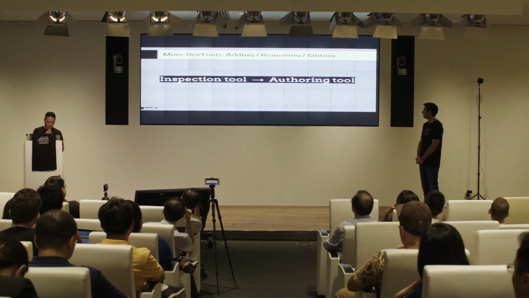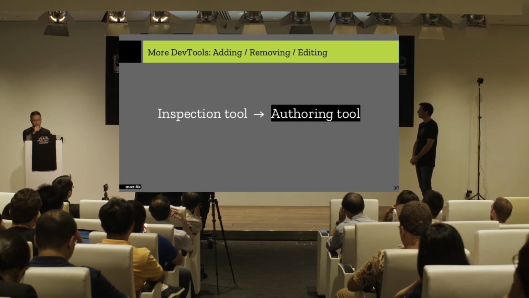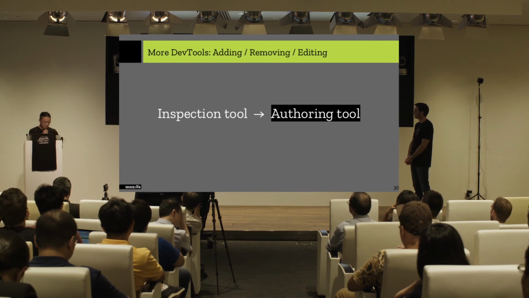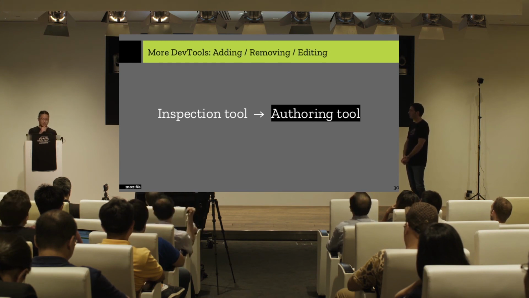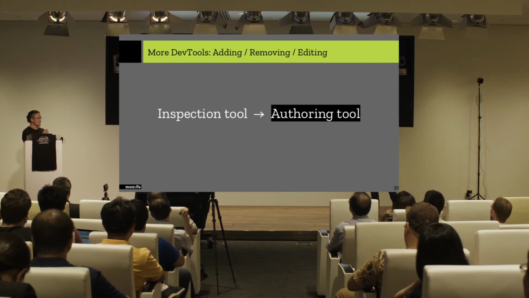Finally, for now we focus on inspection, but we want to support adding, removing, and editing. This means we can call it an authoring tool rather than an inspection tool. In the future, we may be able to create whole animations in the browser.